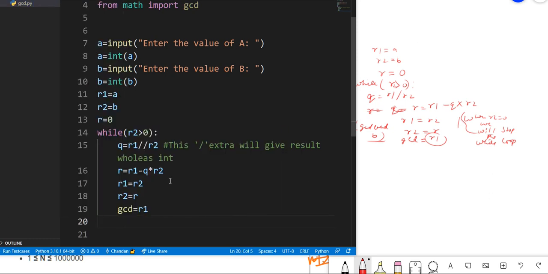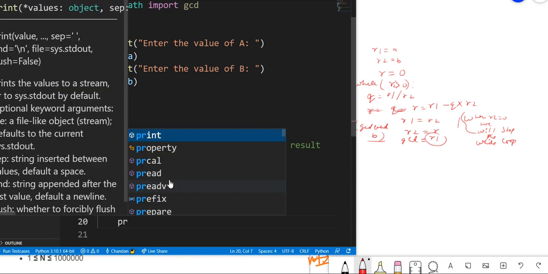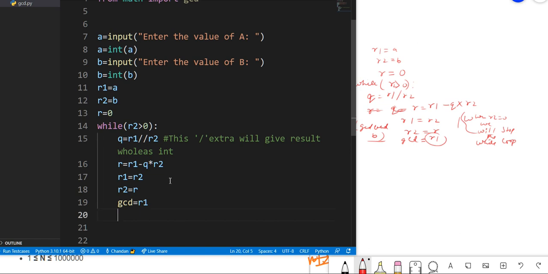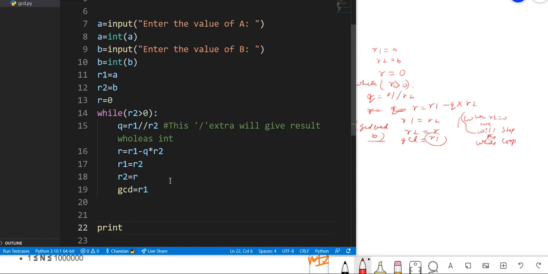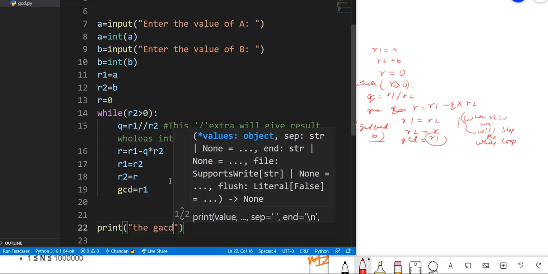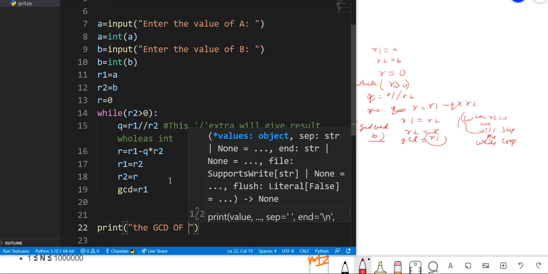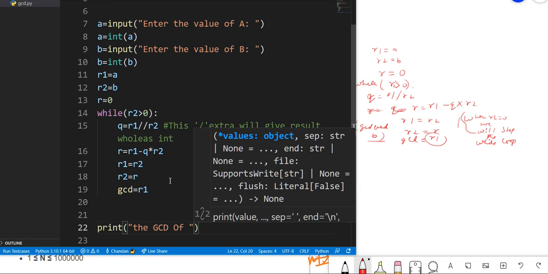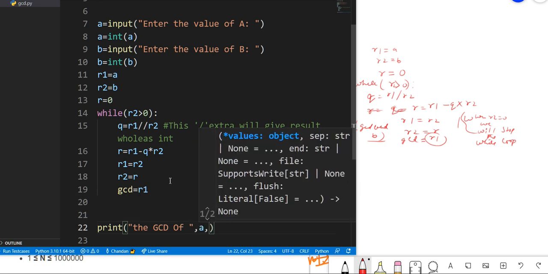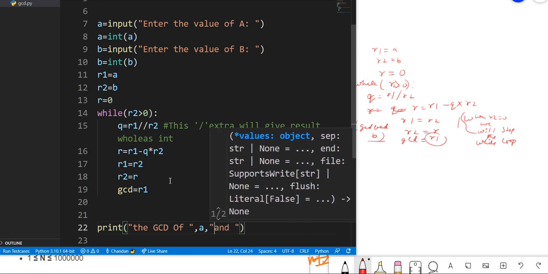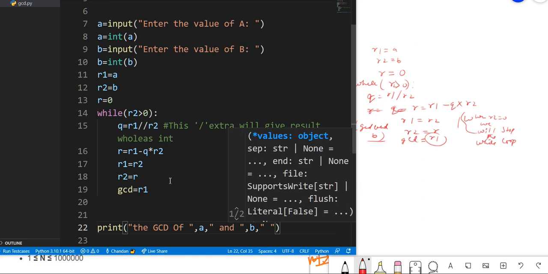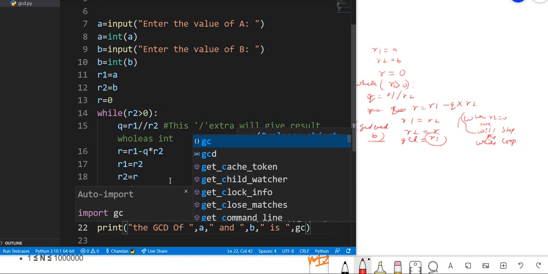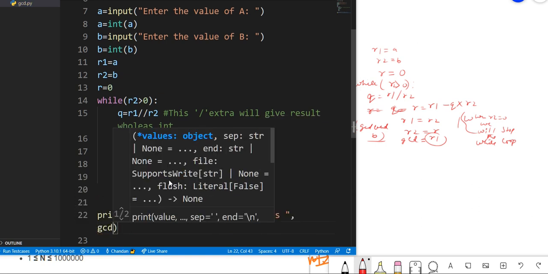Then we will print the gcd of a and b is gcd, right?